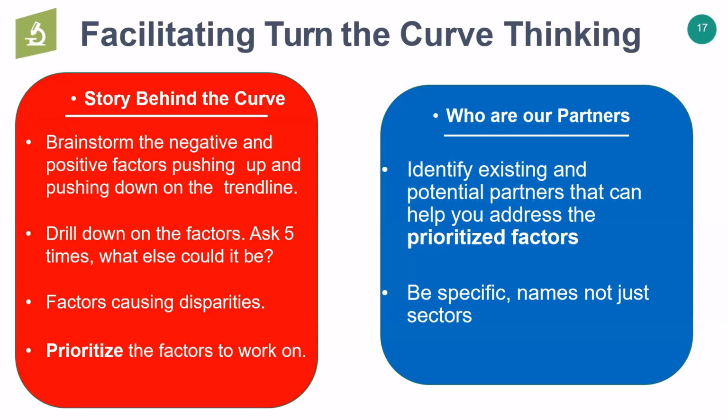Then you can't work on all of them, so you prioritize the top 3, 4, 5 factors to work on, and then who are your partners? Again, focusing on the partners, always be specific with names, not just sectors. So not just, we need to get local government involved, but what city, what county? Want to get businesses involved, what business? Not just sectors, like the business community, because then you'd have to have a whole other meeting to figure out who to call.